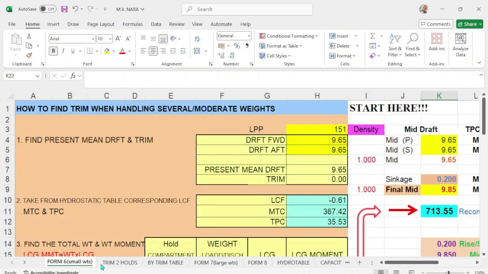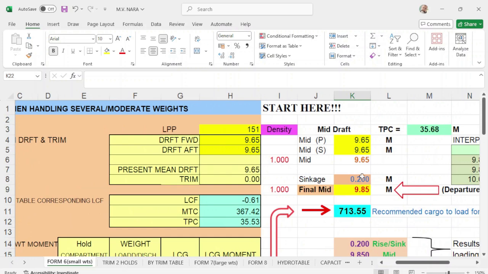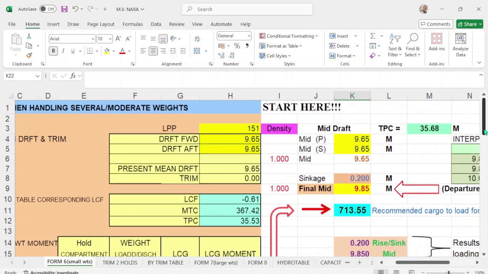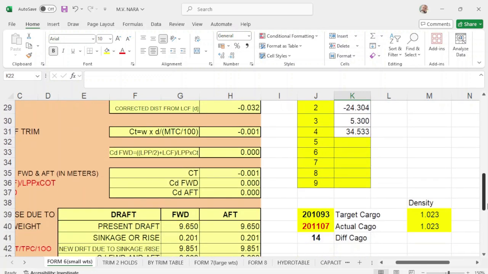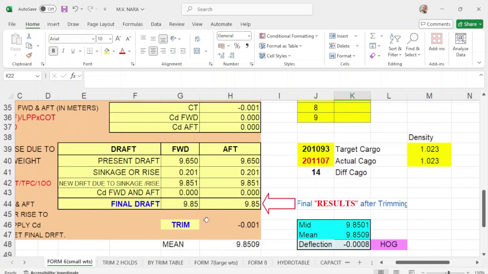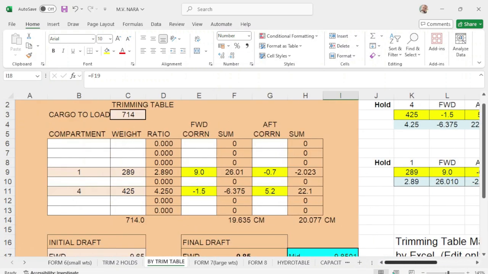So your target departure is 9.85, and the drop here, departure is forward 9.85, up 9.85, 0 trim, your mean is 9.85, and your deflection is 0.